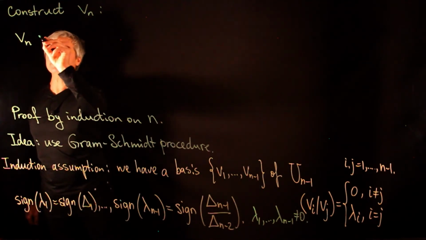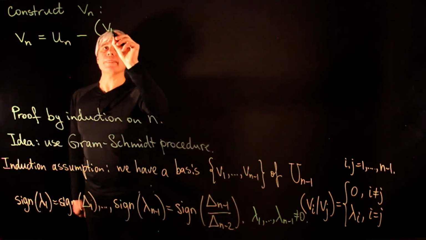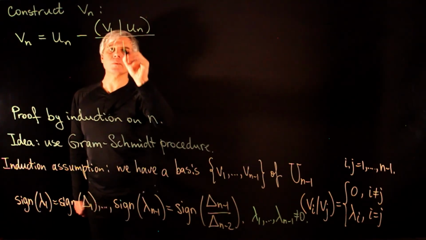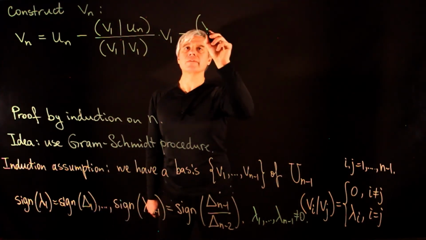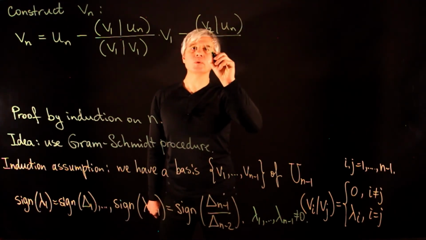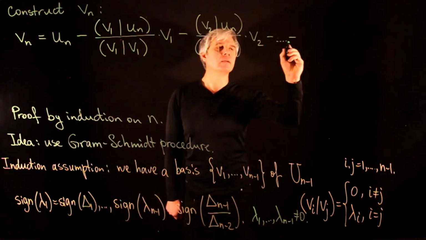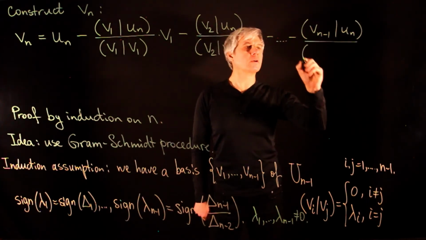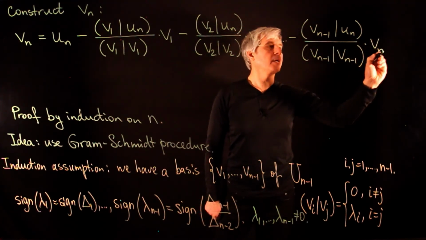So we said that Vn is equal to Un minus (V1, Un) over (V1, V1) times V1 minus (V2, Un) over (V2, V2) times V2 minus ... minus (Vn minus 1, Un) over (Vn minus 1, Vn minus 1) times Vn minus 1.